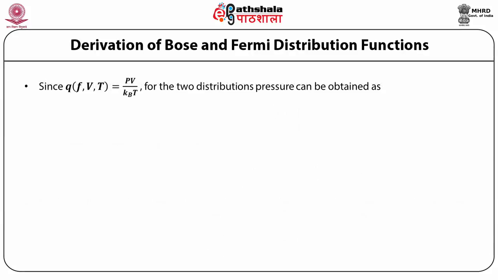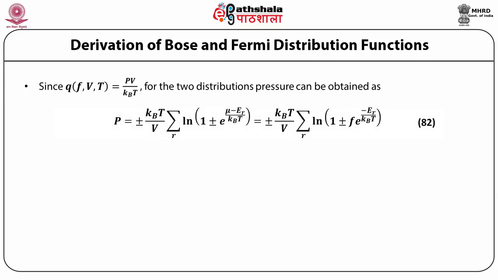Since the Q potential, which is a function of fugacity, volume and temperature, is equal to PV upon kBT, for the two distributions, pressure can be obtained as P is equal to plus minus kBT upon V summation over r of log of 1 plus minus e raised to power mu minus er upon kBT, is equal to plus minus kBT upon V summation over r log of 1 plus minus fugacity multiplied by e raised to power minus er upon kBT.